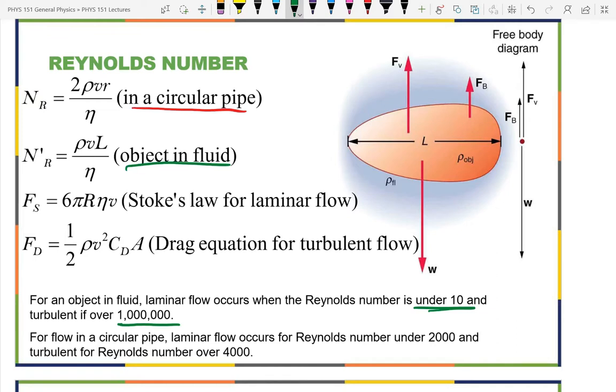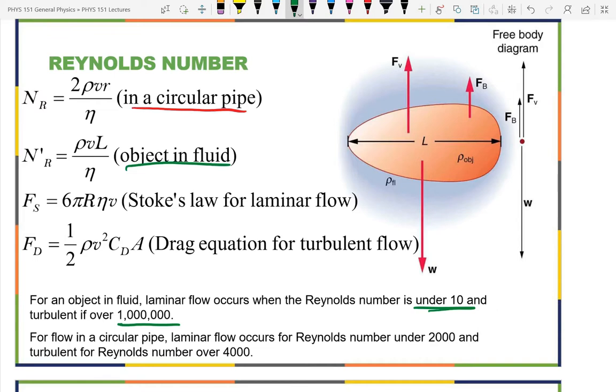If you have turbulent flow, it's proportional to the speed squared. So turbulent flow is generally going to have more resistance to flow because as you go faster, it really goes up. And so those are the two laws, the Stokes equation, the drag equation, that are used to calculate that resistance to motion.